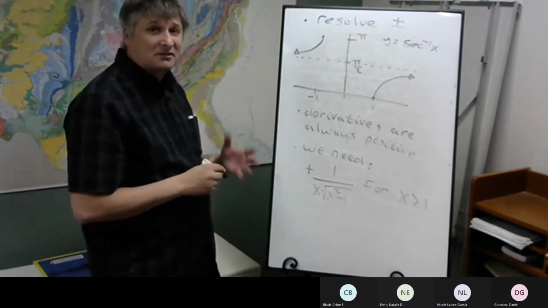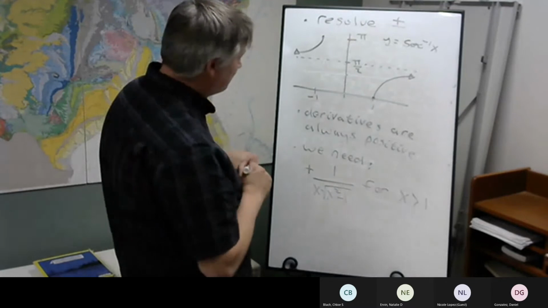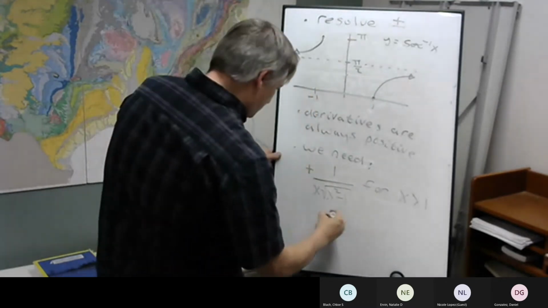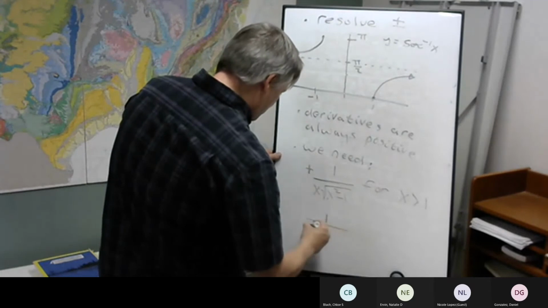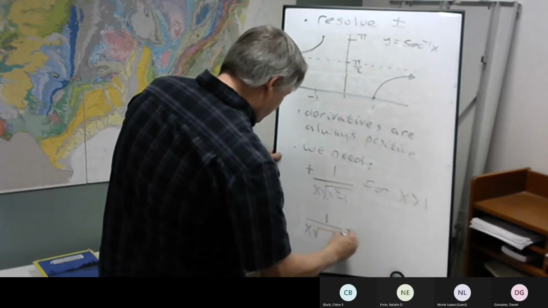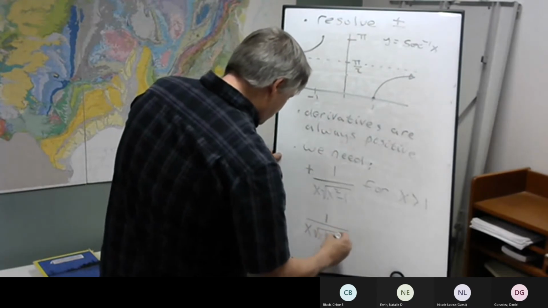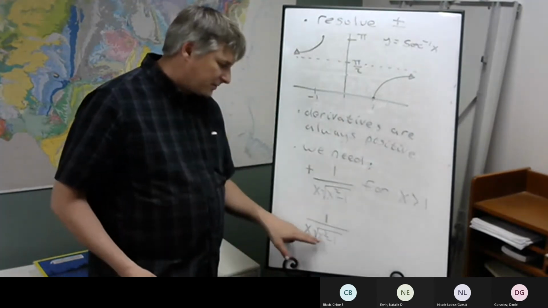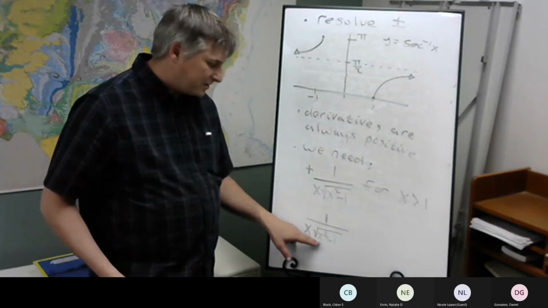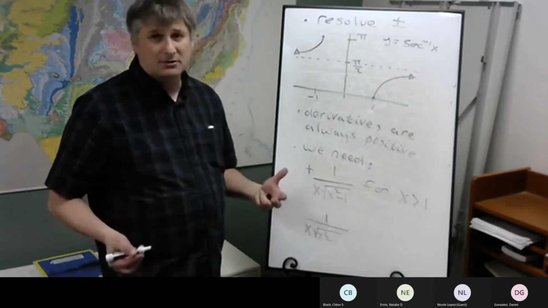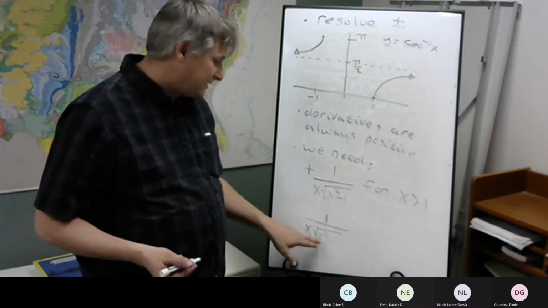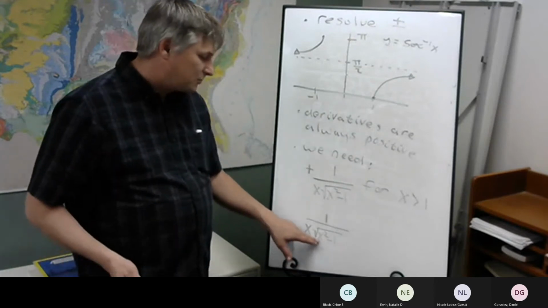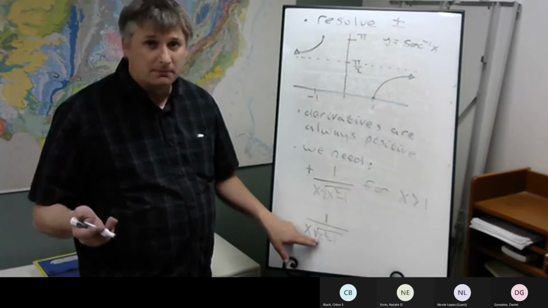But let's take a look at x less than negative 1. Well, when x is less than negative 1, x is, of course, negative. So now this is still going to be positive. We're going to square x, and then a positive number minus 1. Again, x is going to be less than negative 1, like negative 1.2. So you're going to get 1.2 squared, which is going to be bigger than 1.